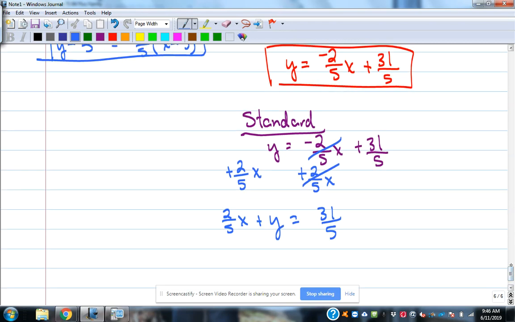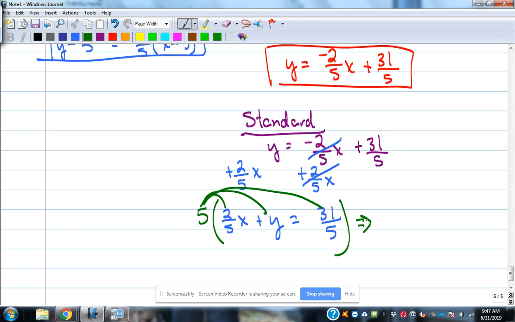Well, the only other rule for standard form is that you can't have fractions in there. So if we don't have fractions, then we've got to take care of the fractions by multiplying by that denominator that's there. They happen to have the same denominator, so all I've got to do is multiply by the 5, and everybody gets multiplied by 5.